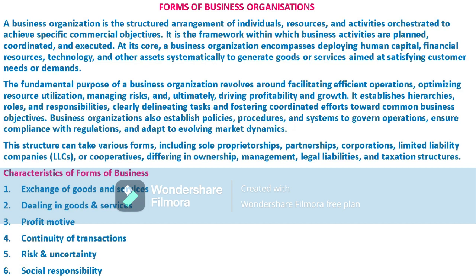So who is involved in a business organization? Individuals, resources, and also the activities concerned with individuals and resources. A business organization is a structured arrangement of individuals, resources, and activities. All these activities are orchestrated or arranged to achieve specific commercial objectives, which is nothing but a profit motive.